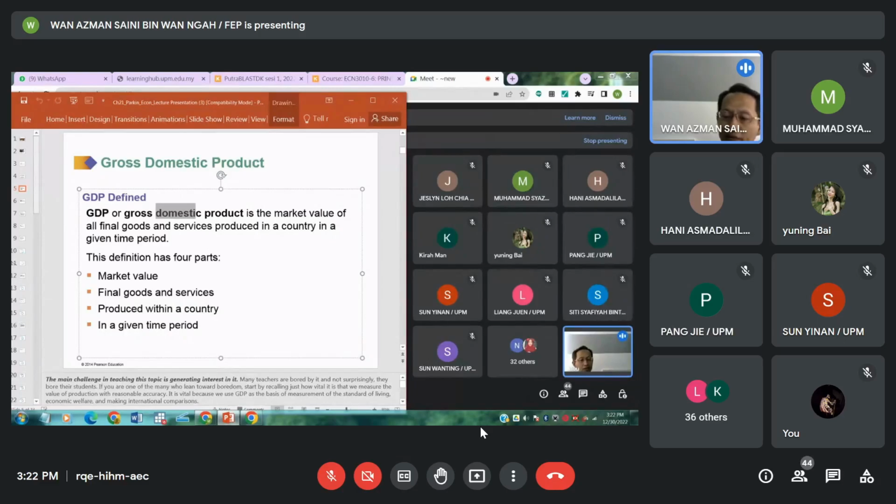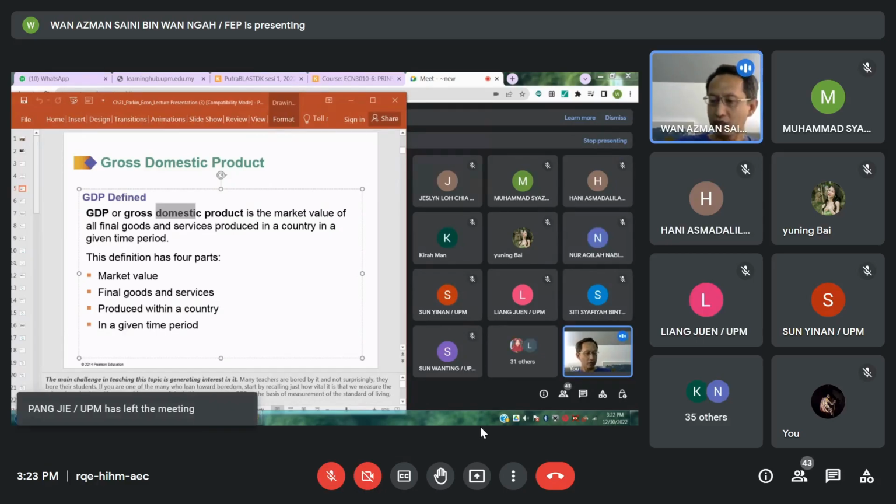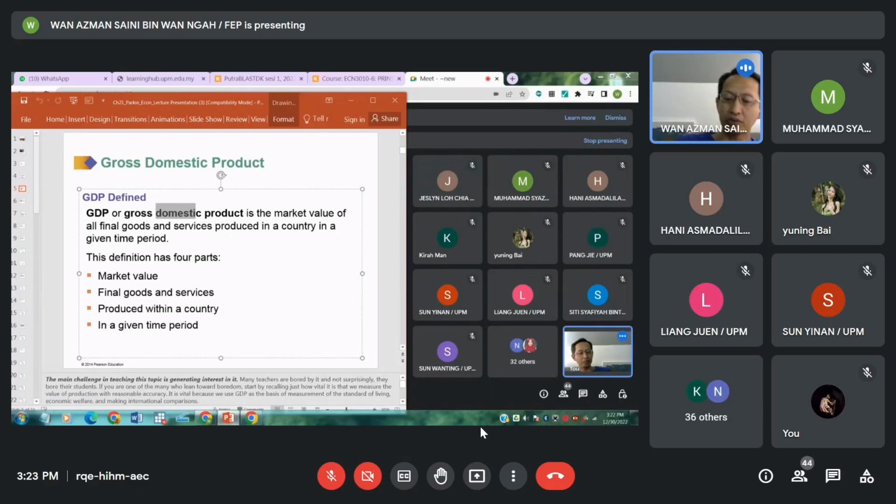If we include the value of pieces of wood, and then again include the value of bed, furniture, then there will be double counting, because the value of furniture that you buy includes the value of wood, which is purchased by furniture manufacturers. 2,000 or 3,000 for the sofa, for example, that you buy, includes the value of wood that they use as an input.